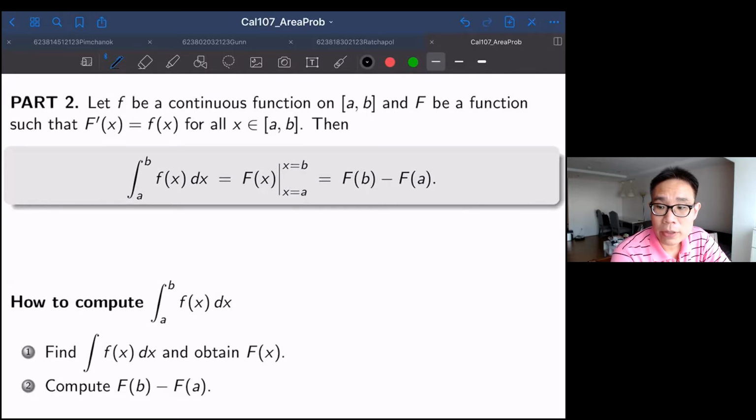I'm going to explain why this is correct. Let's see what's going on.